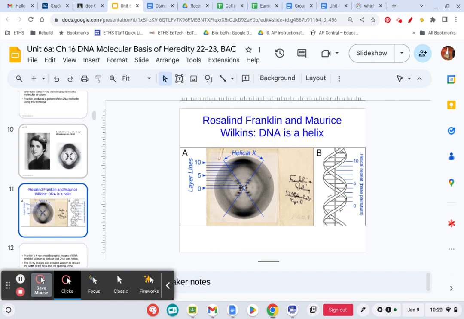But I mean, it goes to the politics of science and just of culture in general, because this was in the 1950s, and she was a woman in science, and this was the 1950s, where women traditionally stayed at home and raised the children, and they did not have a career. And so Franklin had a lot of issues with that, because people were like, why aren't you at home?